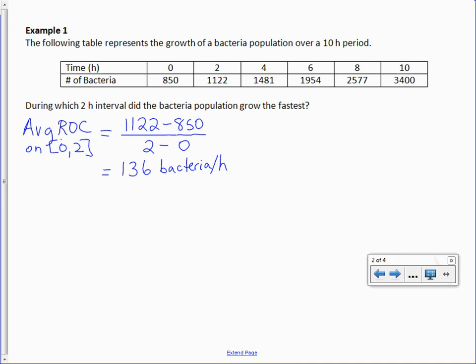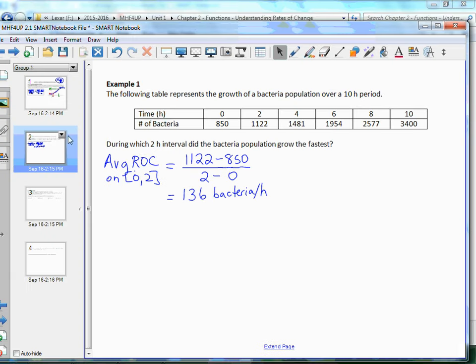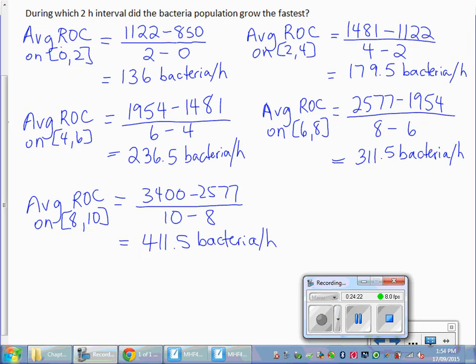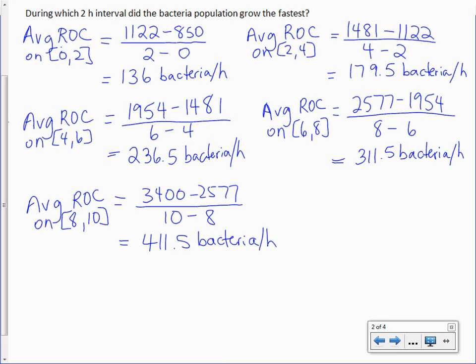I'm going to press pause on the video, and let's find the other 4 calculations. Good. Okay, so these are the remaining 4 calculations of the average rate of change on each of these 2-hour intervals. And our conclusion is, during which 2-hour interval did the bacteria population grow the fastest?